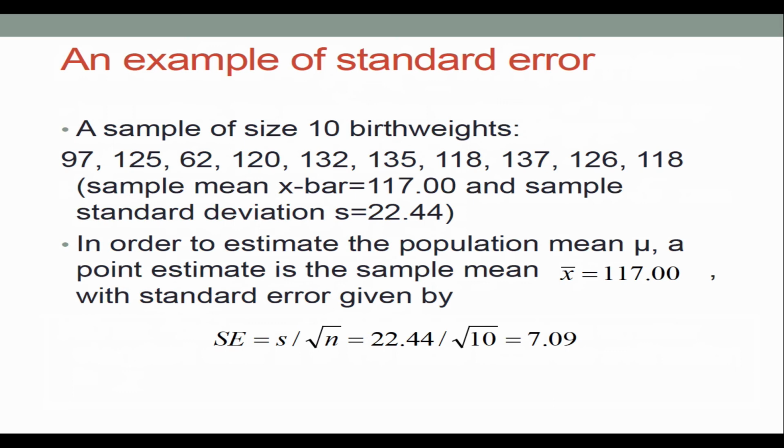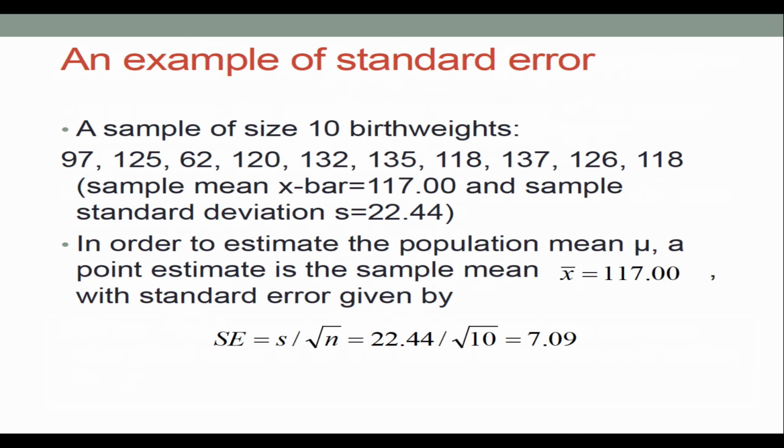So here is an example to calculate the standard error. Given a sample with 10 birth weights, and using some software or calculator, you can quickly calculate the sample mean. Small x bar is 117, and the sample standard deviation is 22.44. So in order to estimate the population mean mu, we first get a point estimate.